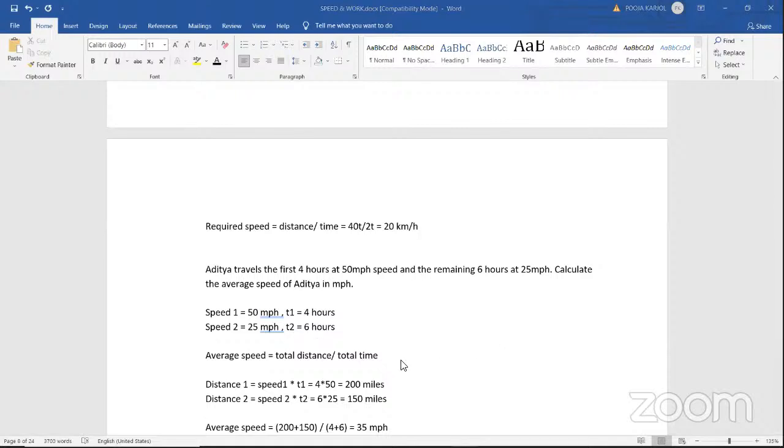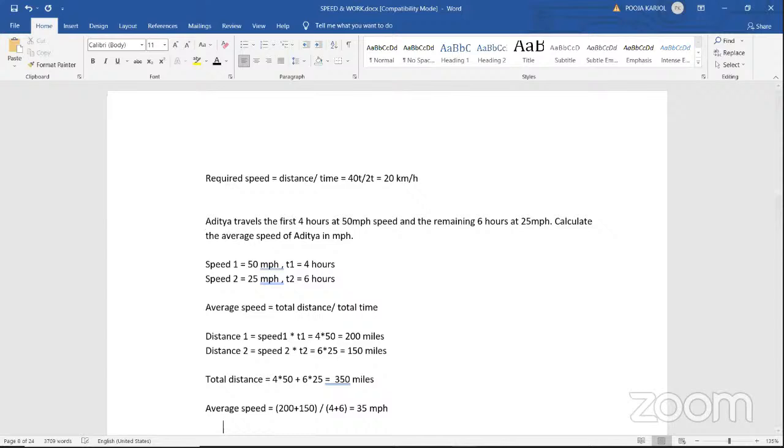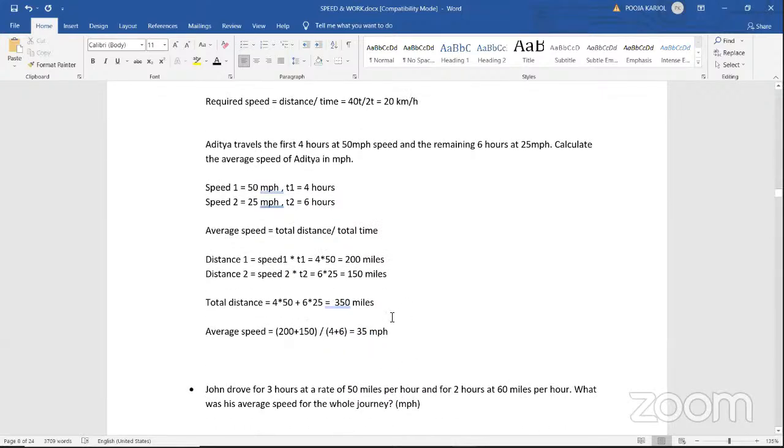Your total distance will be equal to 4 into 50 plus 6 into 25. It is 350 miles, isn't it? Divided by 4 plus 6, 35 miles per hour. Correct. Any doubt? No, ma'am.